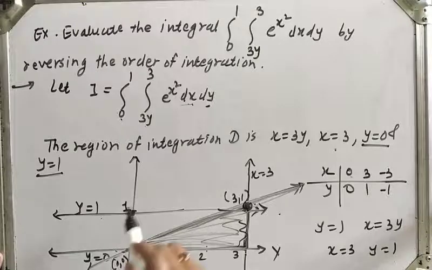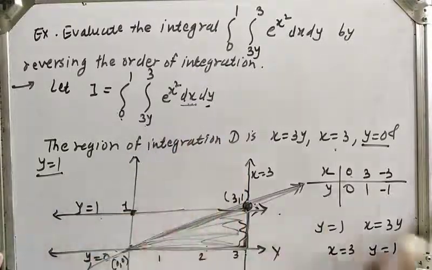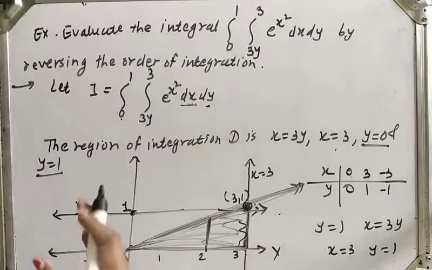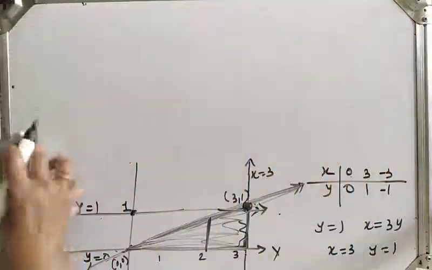Now in the given integral dx is first and we have to reverse it. Means we want to take y first, so we will take a strip parallel to the y-axis.